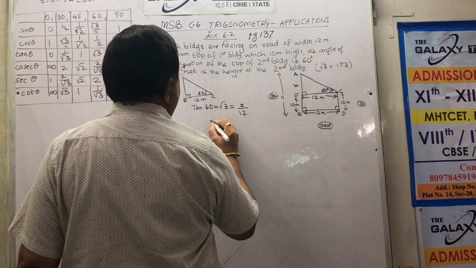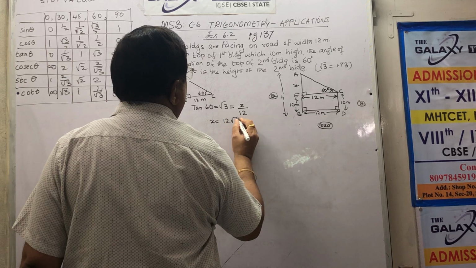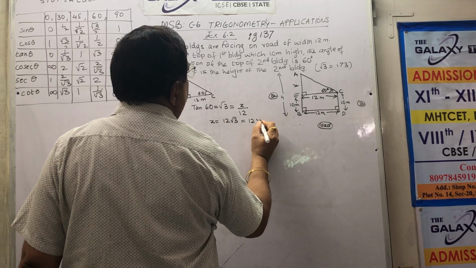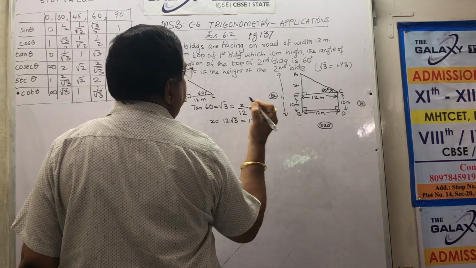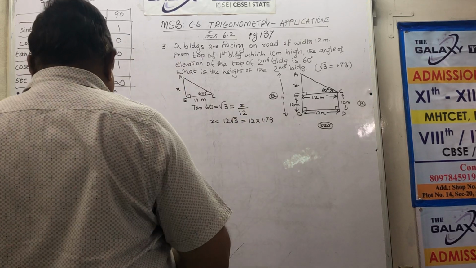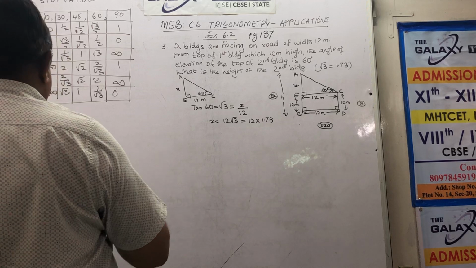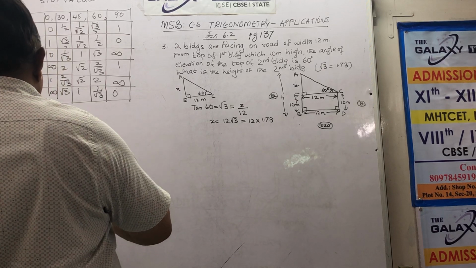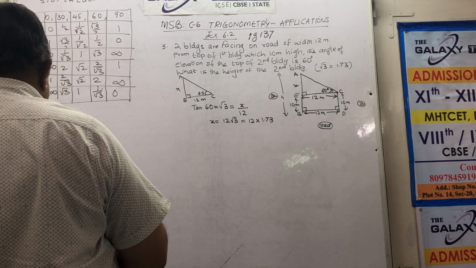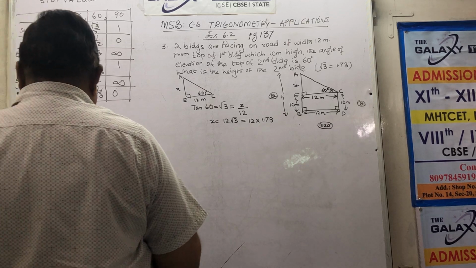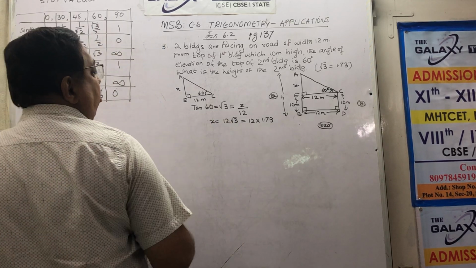So I will have X is 12 root 3, that is 12 multiplied by 1.73. I hope that your multiplication is strong, and don't tell me you cannot multiply, because now we are in the 10th standard. We will multiply, don't worry.